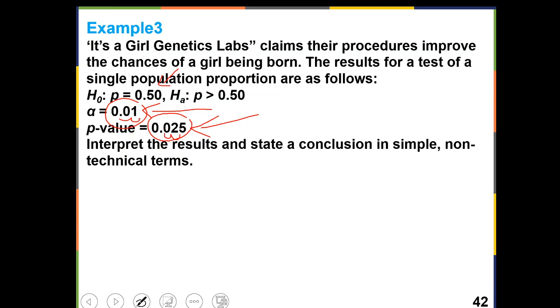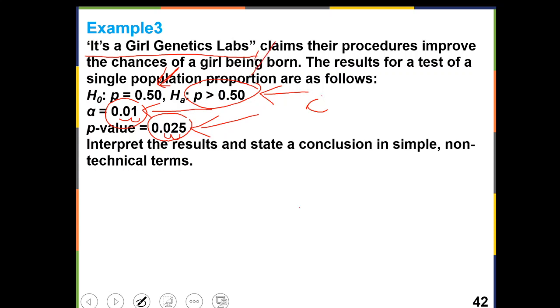And where is the claim here? This says that the lab claims that their procedure improved the chance of a girl being born. That means this is the claim. They say the probability of a girl is greater than 50%. So we failed to reject the null hypothesis, so we have to say there is not enough evidence to, should we say to reject the claim, or to support the claim?